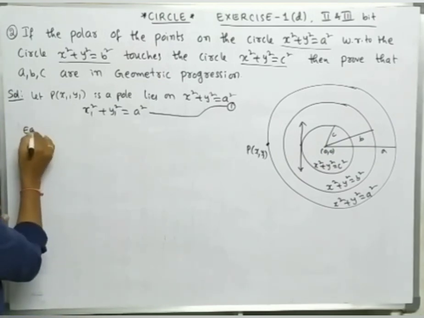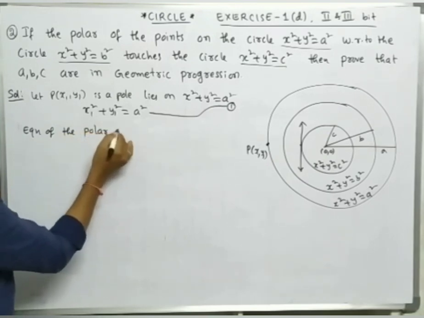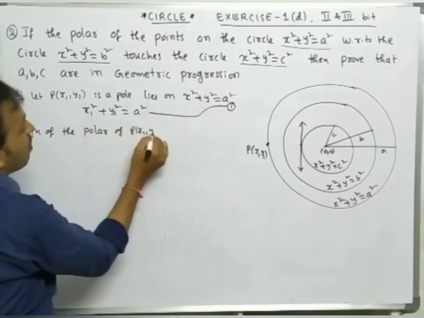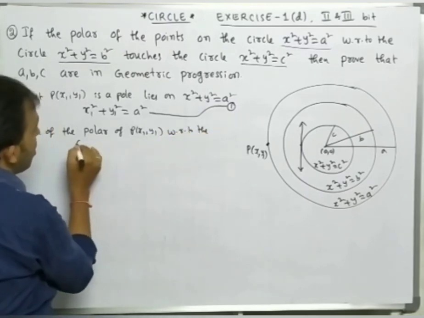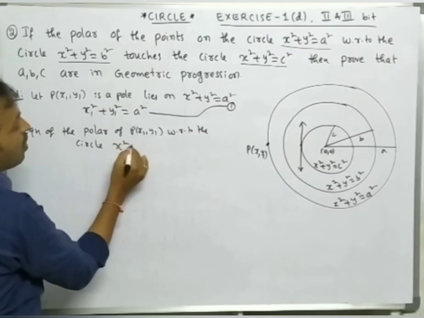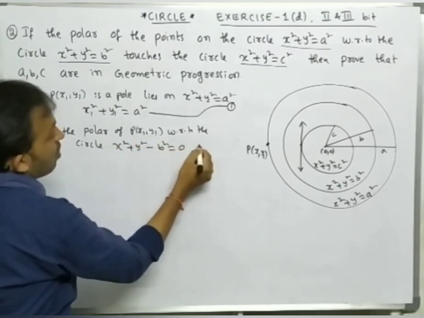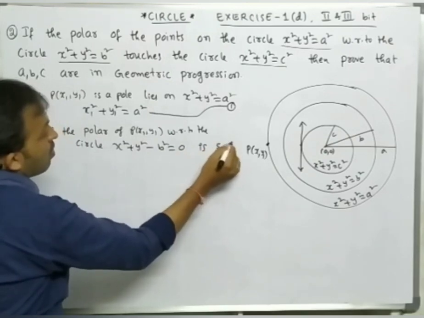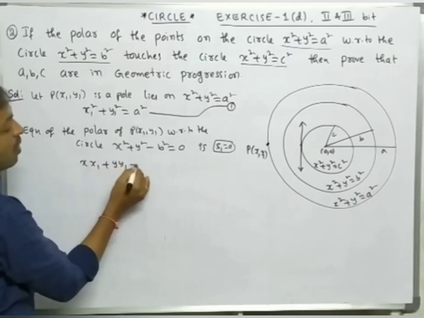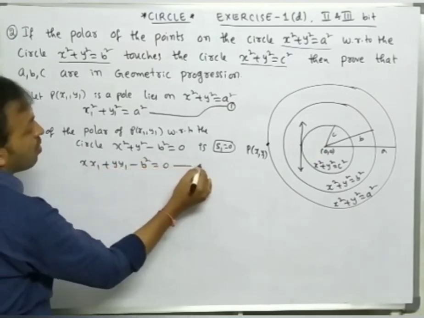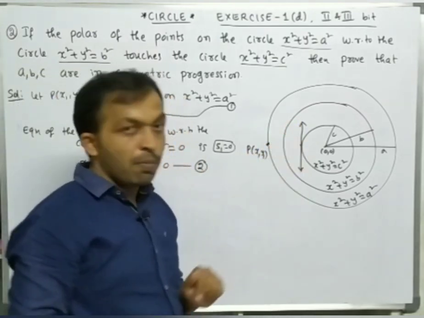Now the equation of the polar of P(x1, y1) with respect to the circle x square plus y square minus b square is equal to 0 is S1 is equal to 0. That means x x1 plus y y1 minus b square is equal to 0. This is equation number 2. So this is the equation of the polar.